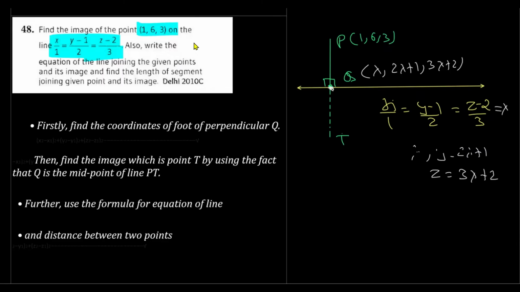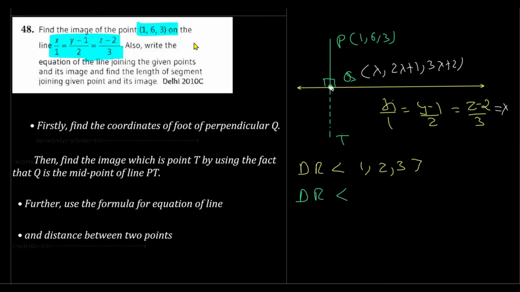Now, if I ask you what is the direction ratio of this line, it will be 1, 2, 3, since you should know the equation in this form. Now, what is the direction ratio of this green line? You can use the formula x2 minus x1, which is lambda minus 1.